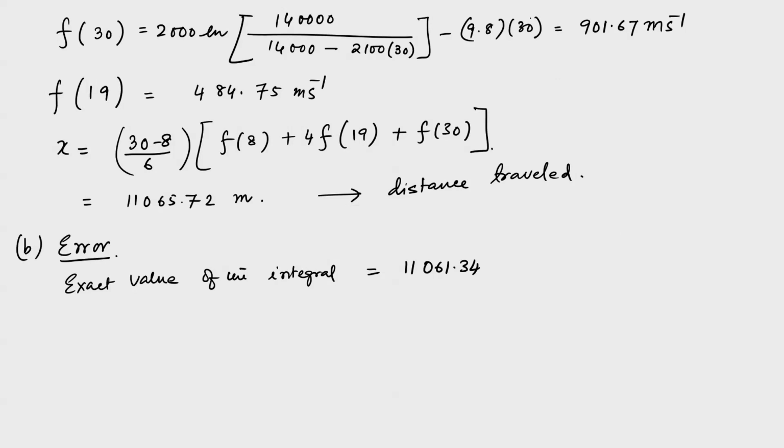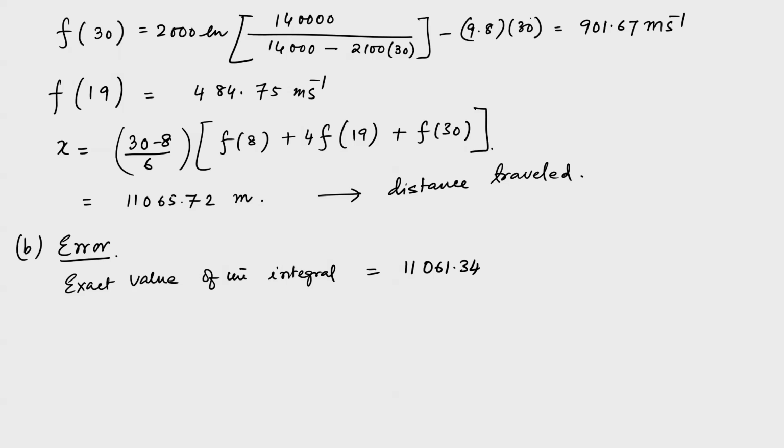Finally, what you get is the exact value of the integral. You see, you have gotten pretty close in terms of the number, except that it varies only at the ones place.